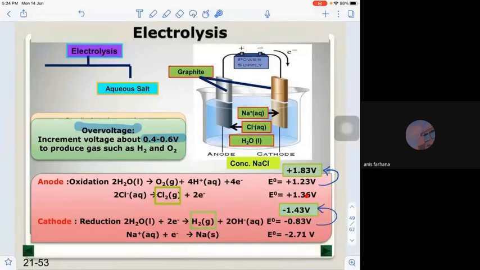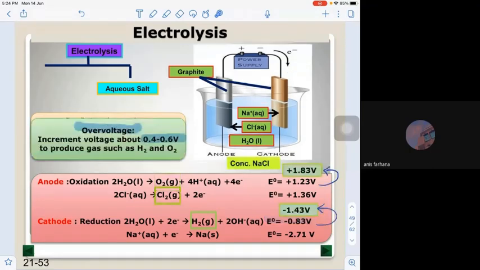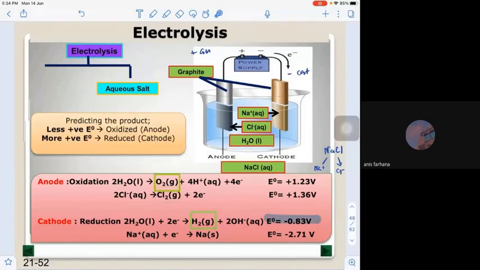Why in this dilute sodium chloride, instead of chlorine, do we have oxygen? Does the overvoltage not occur? No. The overvoltage occurs as long as we have an aqueous salt, as long as we have H2O, because the overvoltage happens every time we want to produce H2 and oxygen. But then why is oxygen produced and not chlorine?